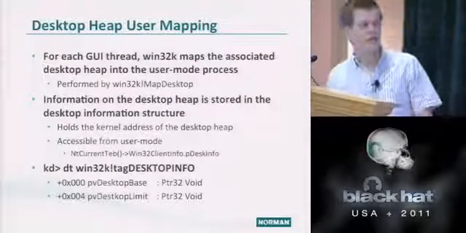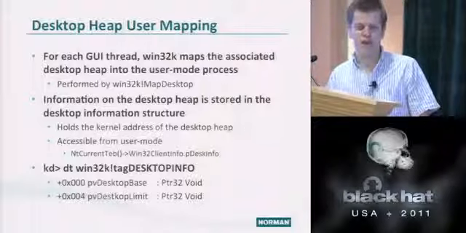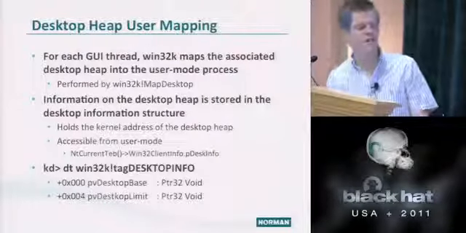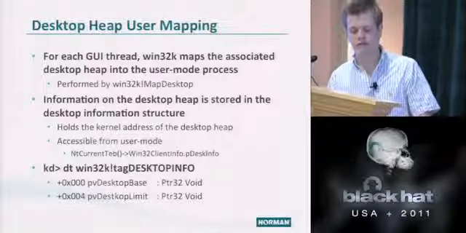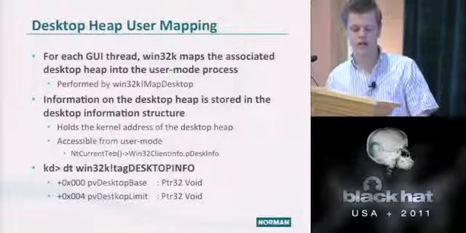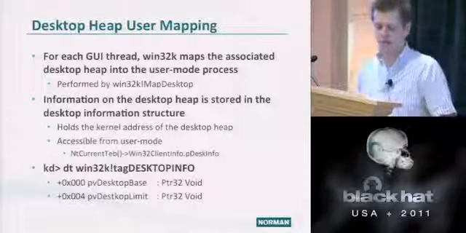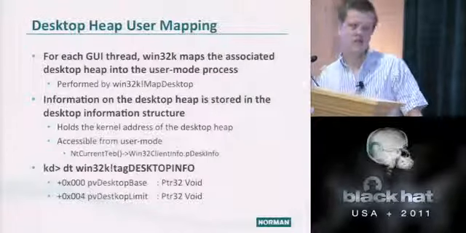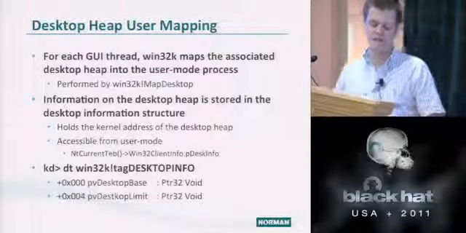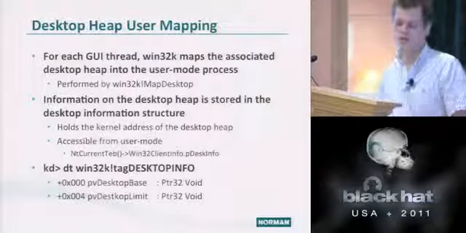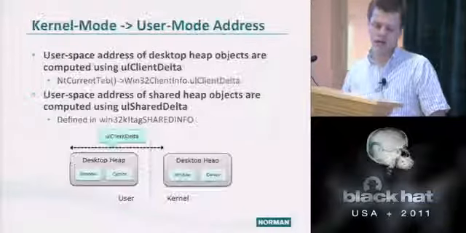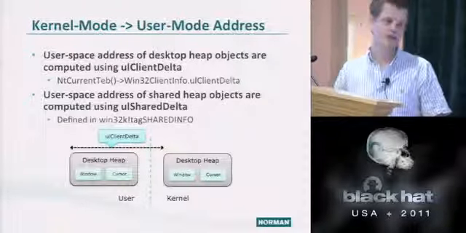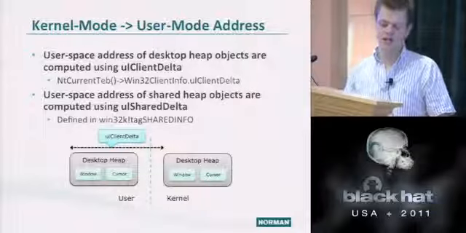The desktop heap user mapping is set up for each thread. Win32k maps the associated desktop heap into the user mode process whenever you create a new desktop. The information about the desktop heap is stored in its own structure, so you get the kernel address of the desktop heap from user mode as well. The reason they do this is to compute the address of the user mode location of these objects.